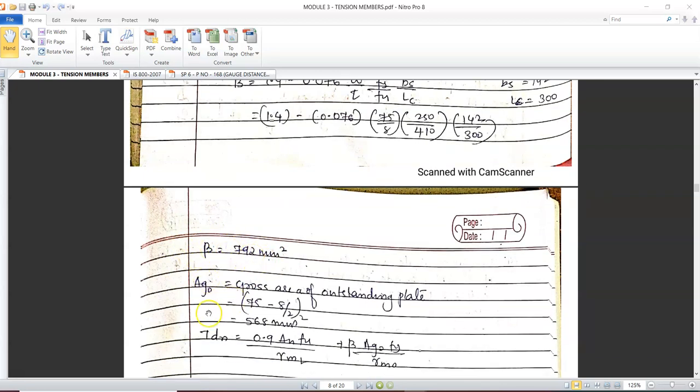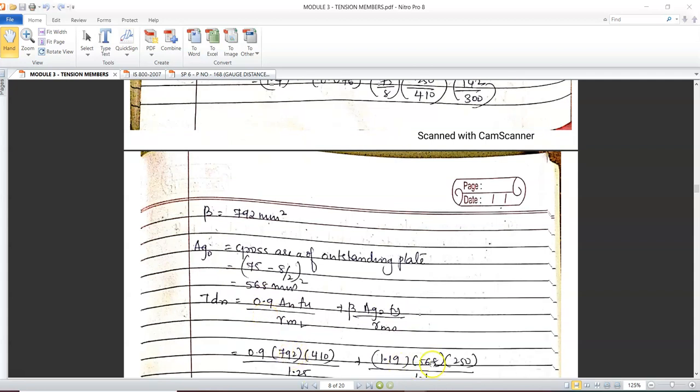I'll repeat, 125 minus 22 minus 8 by 2 into 8, which works out as 792. This is not beta, rather it is ANC. Please rectify this. So now ANC is 792, Ag0 is 568.